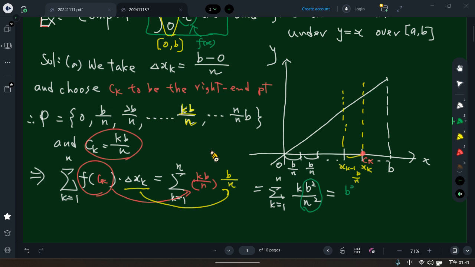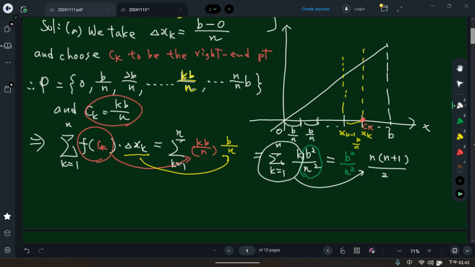So we will have b squared over n squared times sigma k from 1 to n of k, times this part, which will be n times (n plus 1) over 2. This part is because of sigma k, so we can get it. This part, because it's a constant, we can move it out of this summation, right? So the result will be this one.